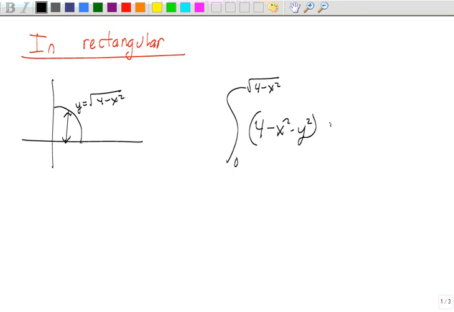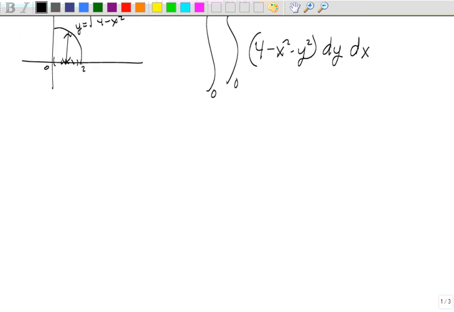Doesn't matter in this case. And then x is going to be from 0 to 2. And that should give us the same answer, but polar is probably more or easier.